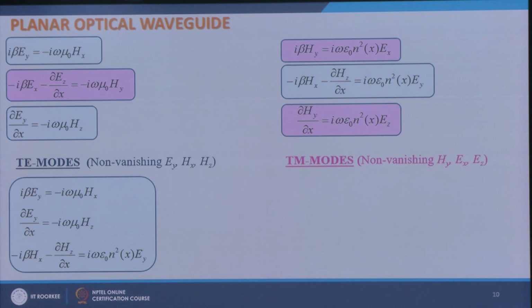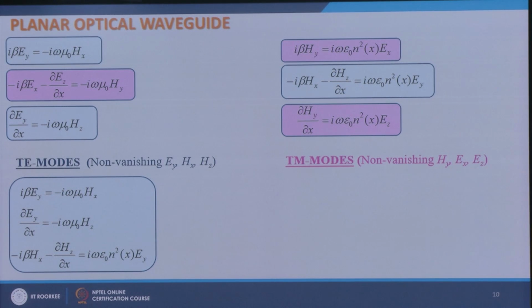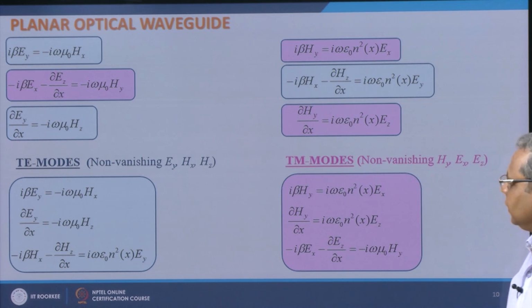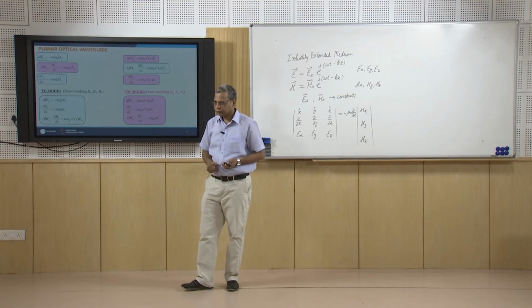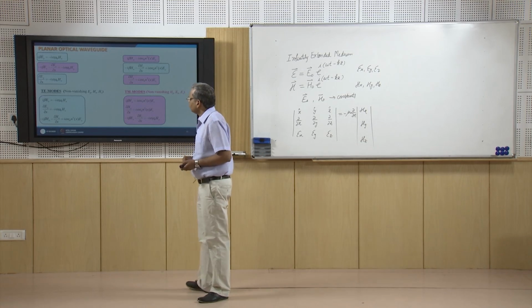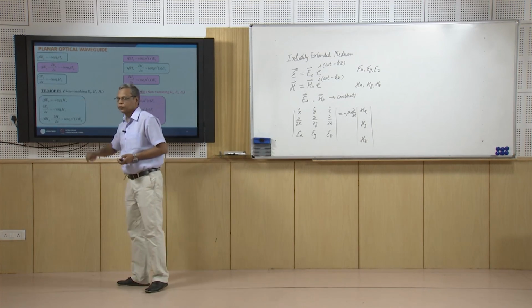Then they are known as transverse magnetic modes or TM polarization, and this will correspond to these 3 equations. So, now let me do the analysis of TE modes first.